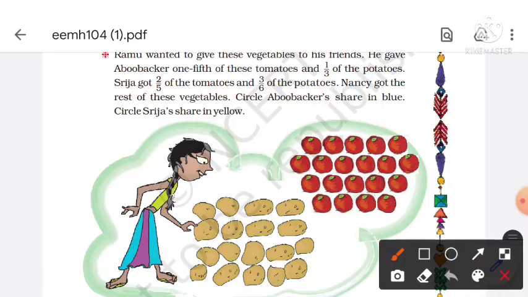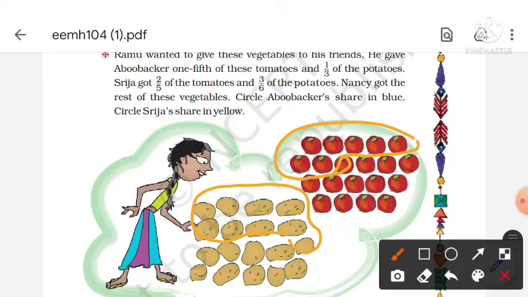So yellow for Srija, so that means 8 tomatoes we can mark here. Okay, 8 tomatoes for Srija and 9 potatoes for Srija.